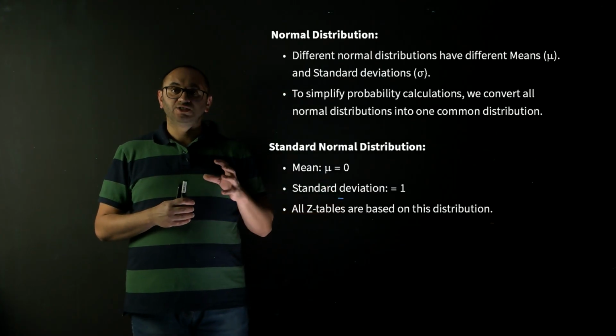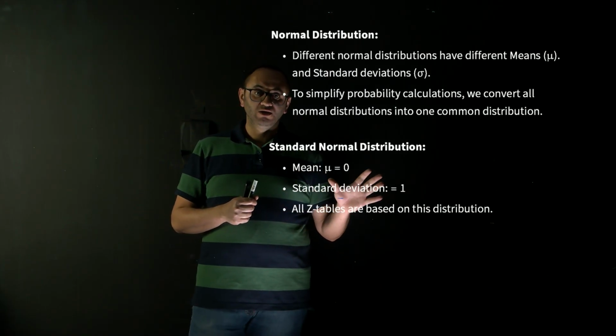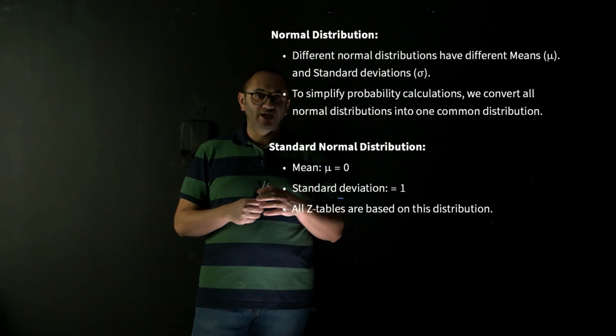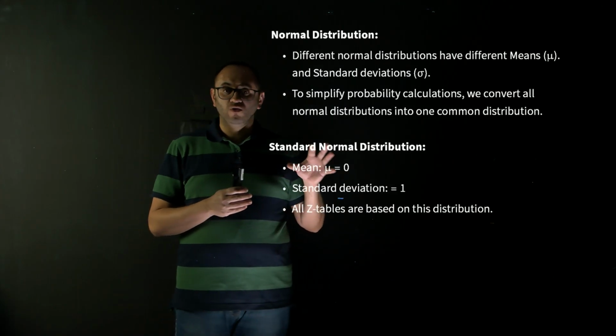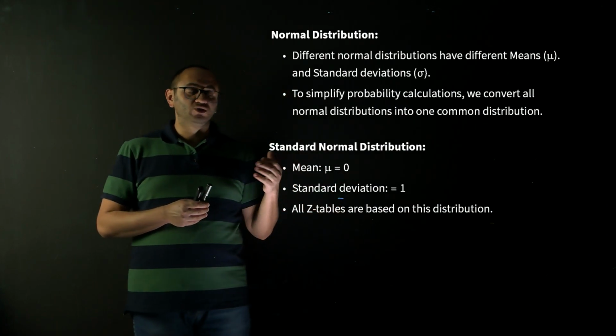Again, it's a special case of the normal distribution. The mean is 0 and the standard deviation equals 1. So we call it a standard normal distribution. And all Z tables are based on this standard normal distribution. And we use the letter Z.